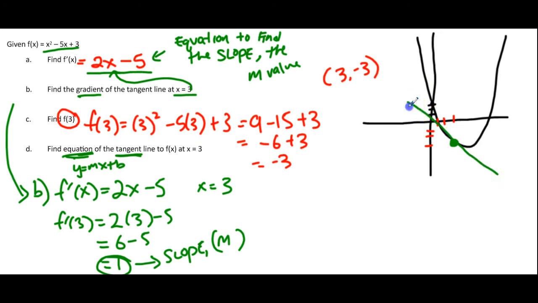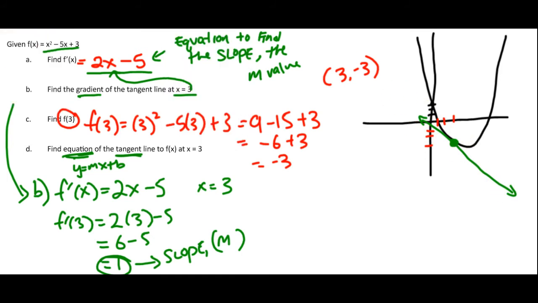I know mine was horrible, but basically this is the line they want. Let me move it a little bit, so kind of like that. It's supposed to touch it once.